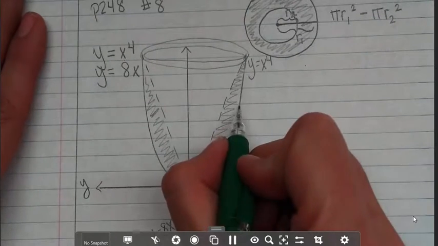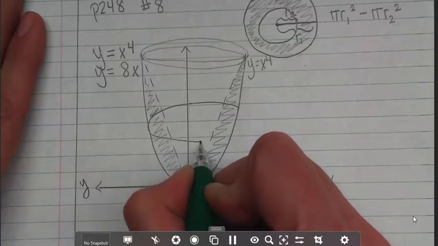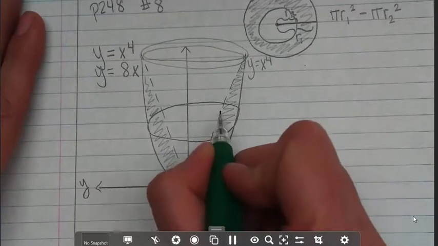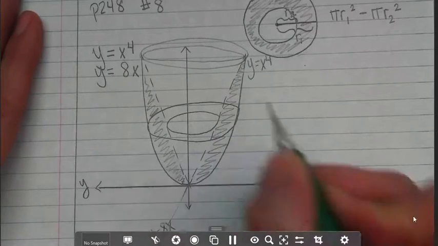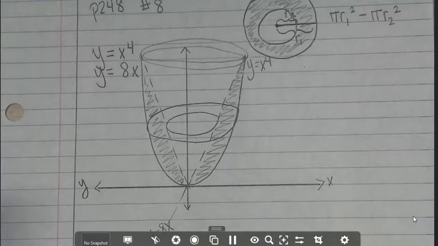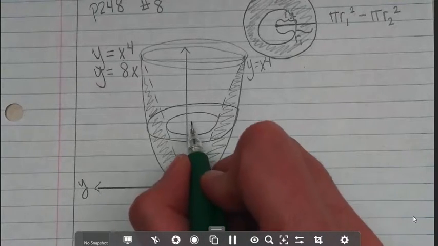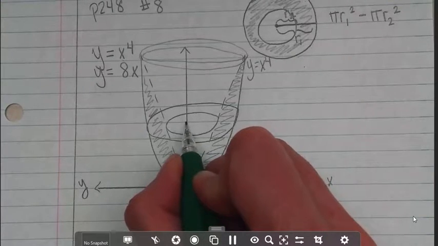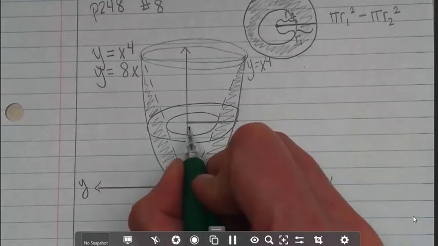Okay, so I'm going to go in here and draw myself a washer. Half the battle is drawing somewhat of a reasonable picture. So this washer then has an outside radius that we will call R1.